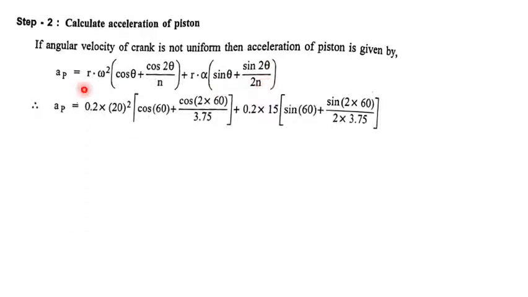Now here R value is 0.2 and omega is 20, theta value is 60, n value is 3.75 and alpha value is 15. Substitute all the values in the above equation and simplify it. After simplifying this, we got 32.277 meter per second square. So this is the acceleration of the piston.